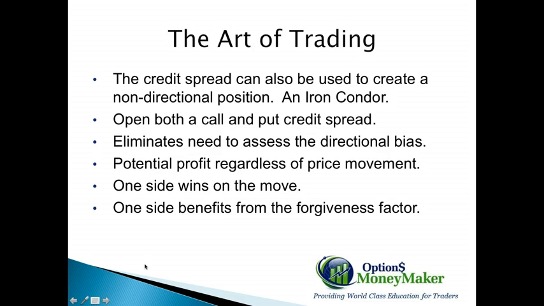So when you have both a put and a call spread in play, and you have built in a forgiveness factor, the index is going to move against one of those sides. It's just going to happen because the index is going to move. But if you've built a forgiveness factor in, the side it moves against could still be profitable, and the side that it moves favorably for will most definitely be profitable.